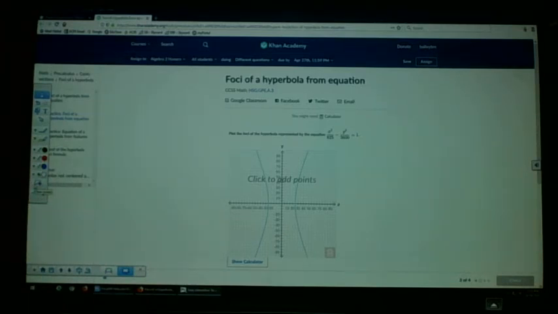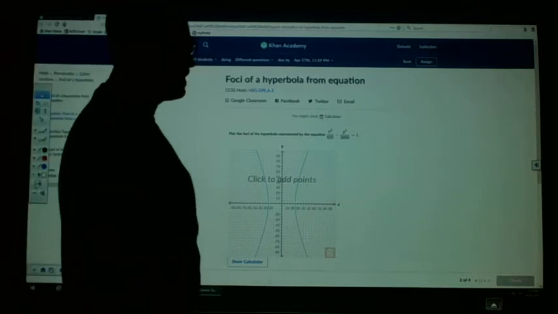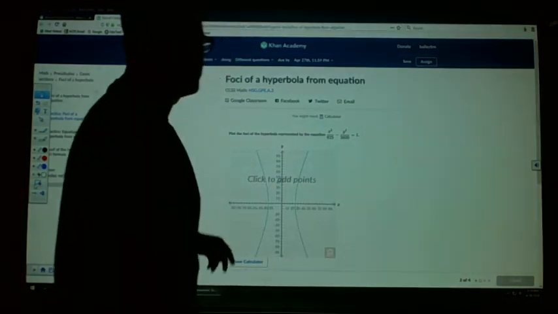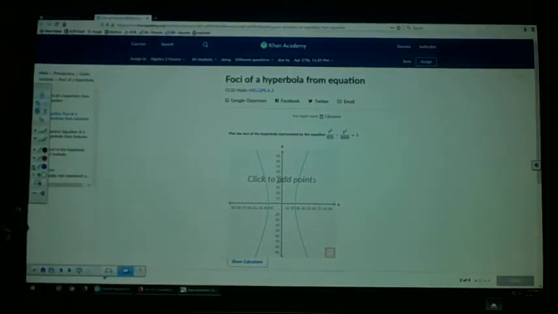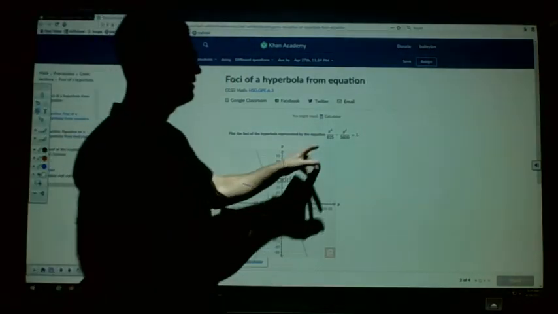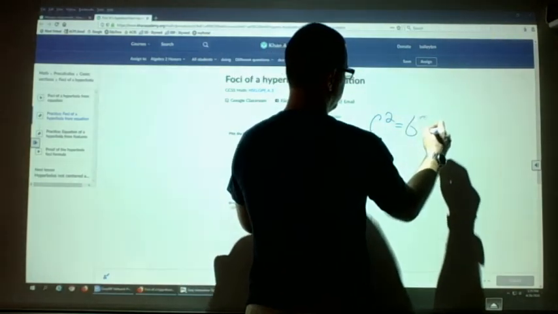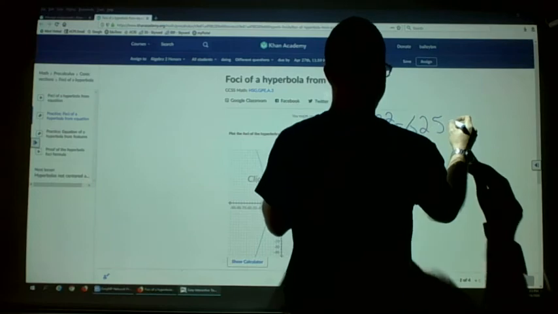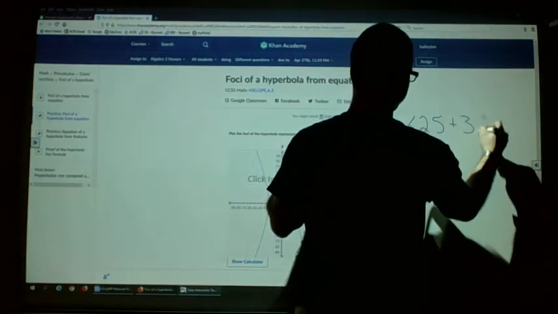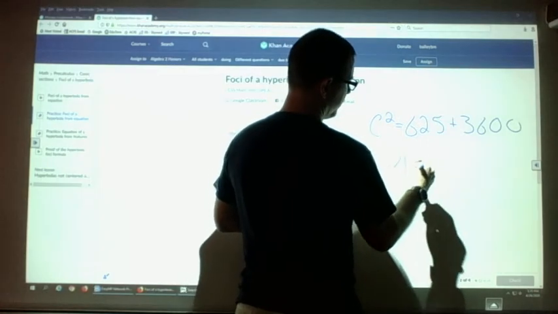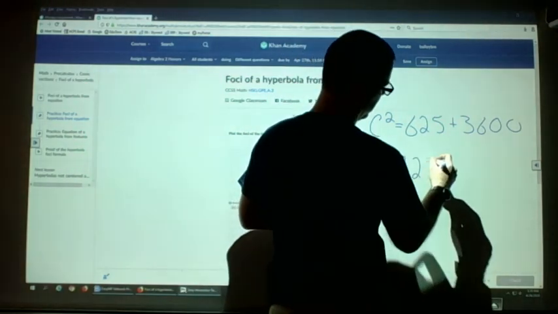Plot the foci of the hyperbola represented by the equation, x squared over 625, y squared over 3600. Again, I need to figure out c. So I know that c squared is equal to 625 plus 3600, which would be 4,225.